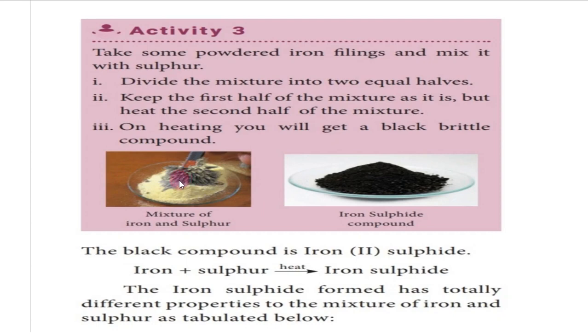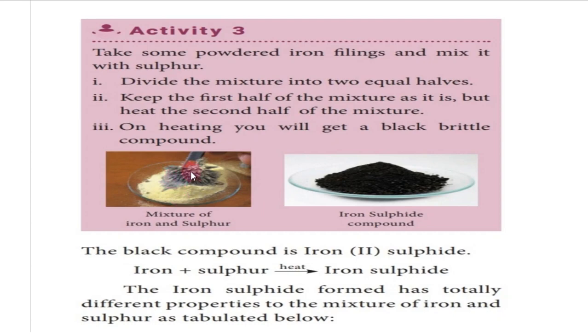Iron filings. Now you have to take this iron filing and sulfur and mix them well. Both you have to mix well. And divide the mixture into two equal halves. After mixing these two components, you can say that it is a mixture, right?